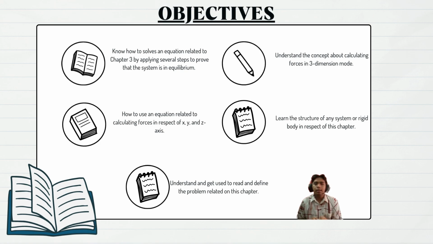Second, to understand the concept of calculating forces in three dimensions, in respect of three axes, and how to use equations related to calculating force in respect of the x, y, and z axes. Next, to learn the structure of any system or rigid body in respect of this chapter. And lastly, to understand and get used to reading and defining problems related to this chapter.